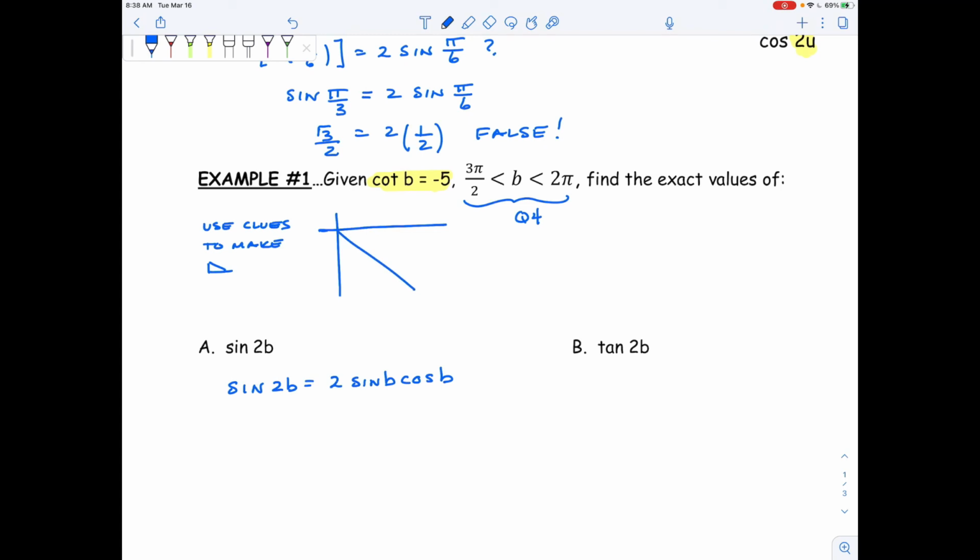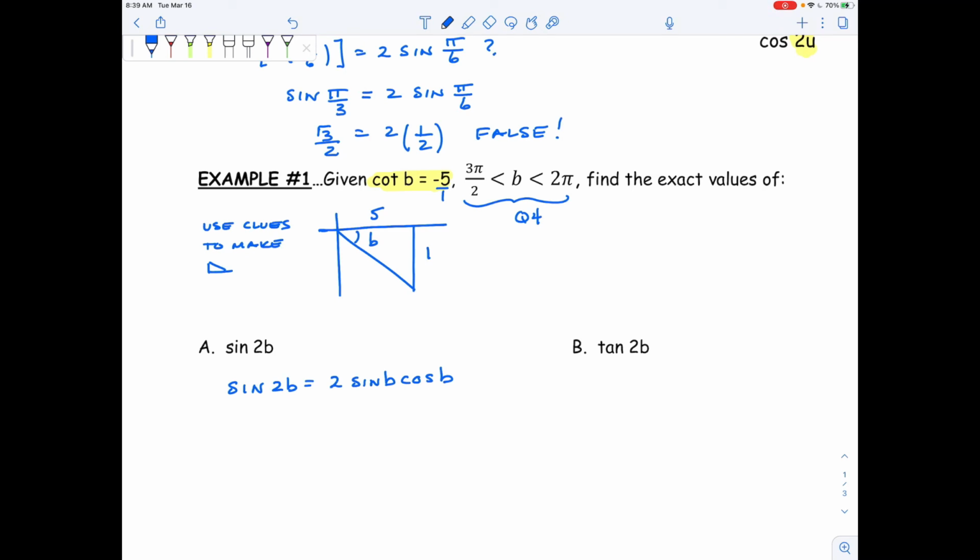So this is our angle B. We've got cotangent is equal to -5. So I would rewrite that as a fraction, -5/1. And so we would have the adjacent side is 5 and the opposite side is 1. Instead of opposite over adjacent for tan, cotan would be adjacent over opposite.